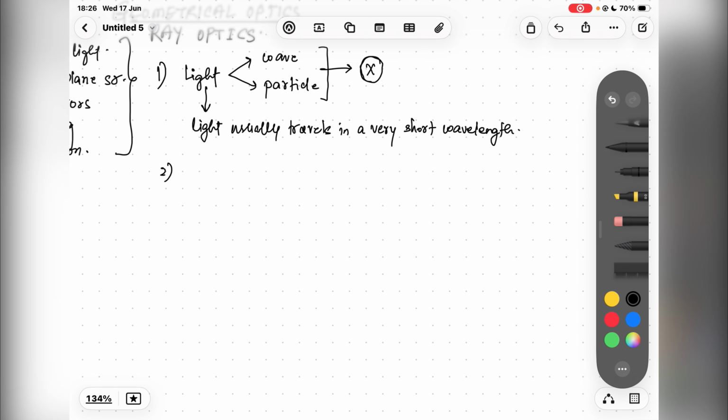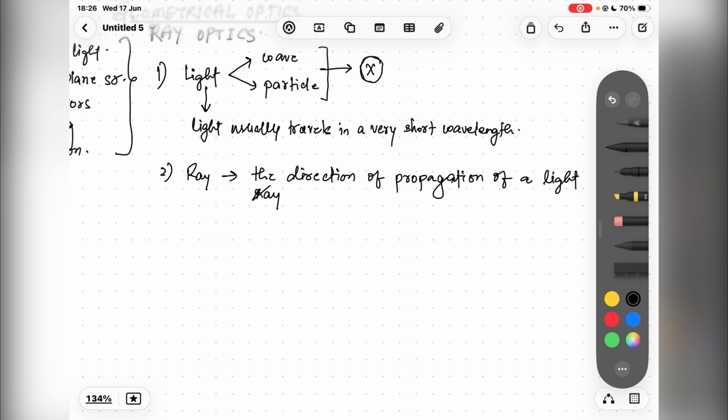The second thing is ray. The direction of propagation of a light ray, light wave, is called ray.